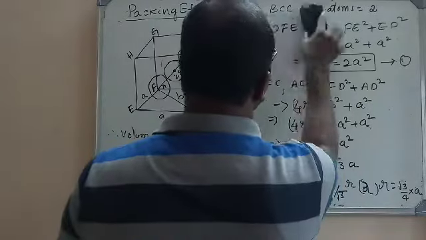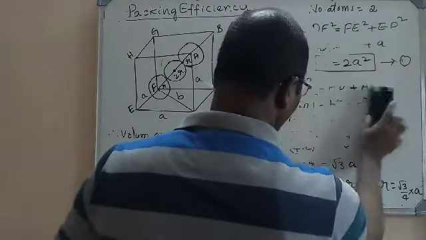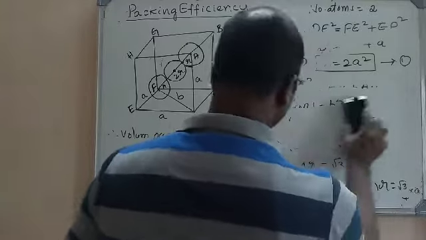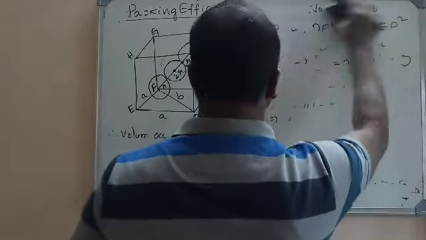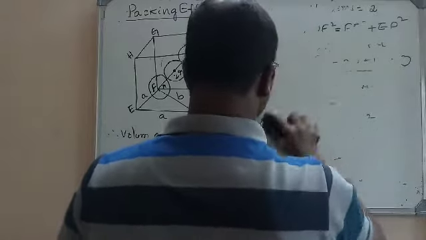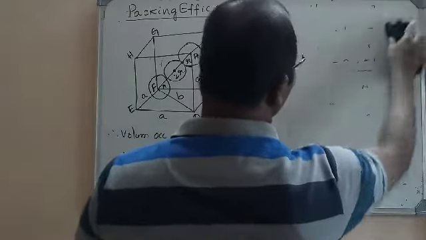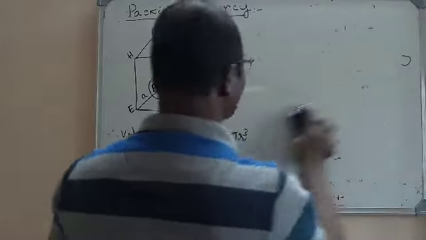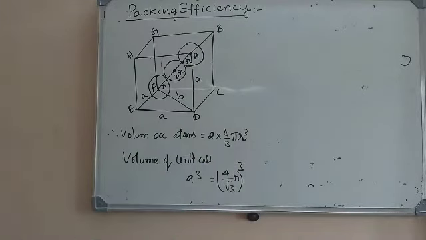So what is the formula of packing efficiency? Packing efficiency is equals to volume occupied by the atoms. Here directly you can write 2 atoms, because we have 2 atoms in BCC.